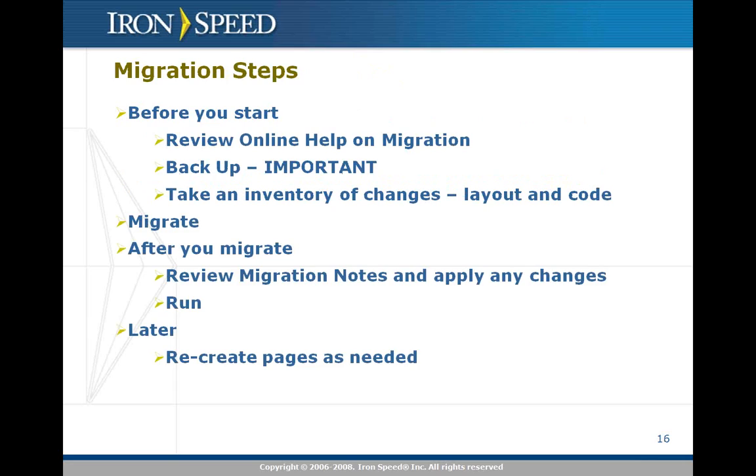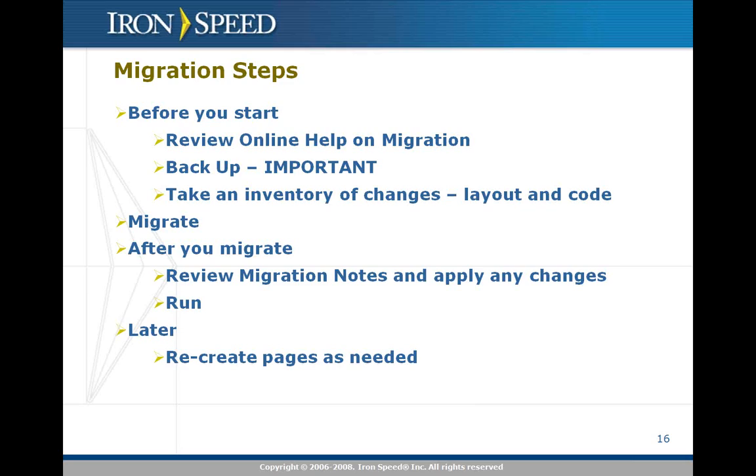So what are the migration steps? As we talk about the migration steps, I want to make sure that one of the things you do is review the online help on migration. We have an extensive online help. Go to ironspeed.com/help, and part 9, I believe, is the online help on migration, and it goes through exactly the changes that we have made.